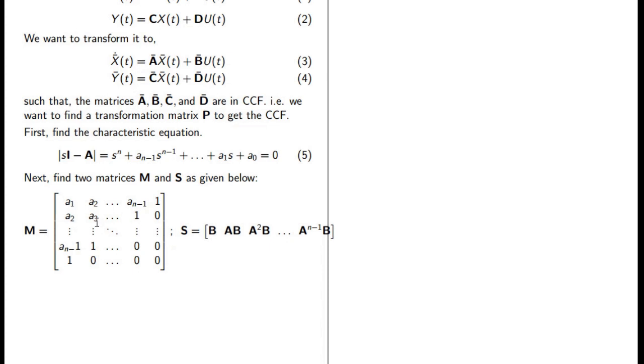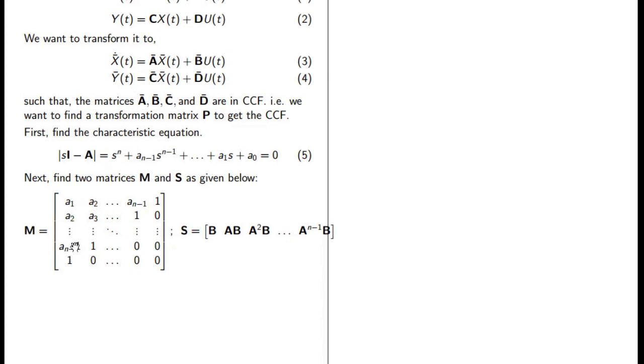The third row will be the same as the second row by leaving out A2, and it will be starting from A3. So you have to go on like this, and up to this A n minus 1 you will come, and the last coefficient is 1. Of course, the S power n will have a coefficient of 1.